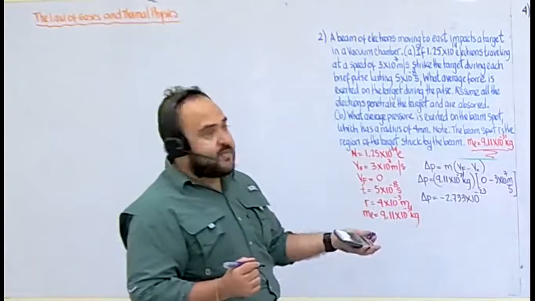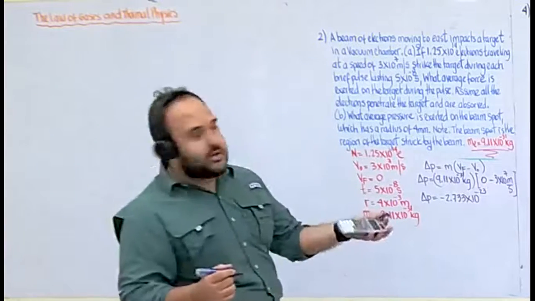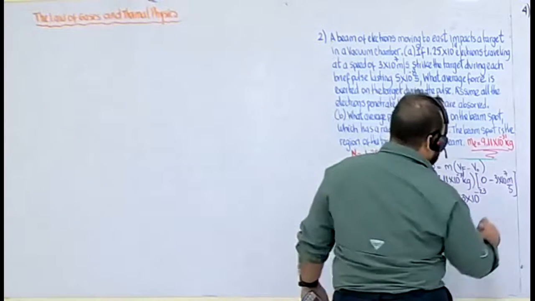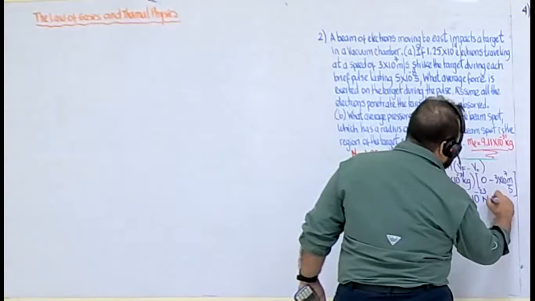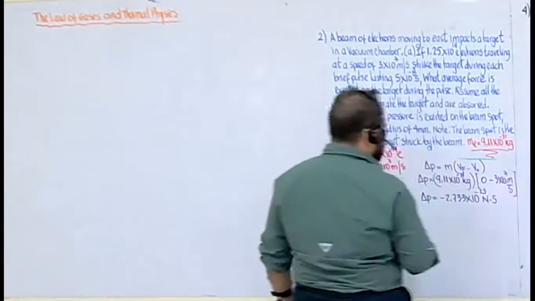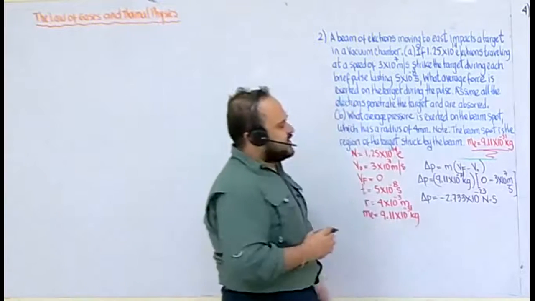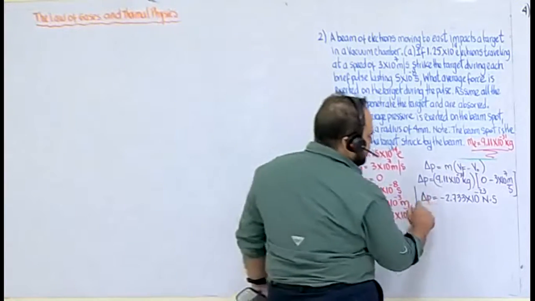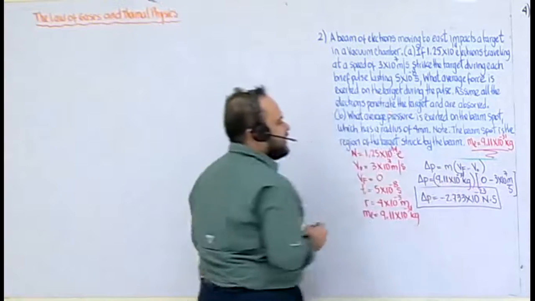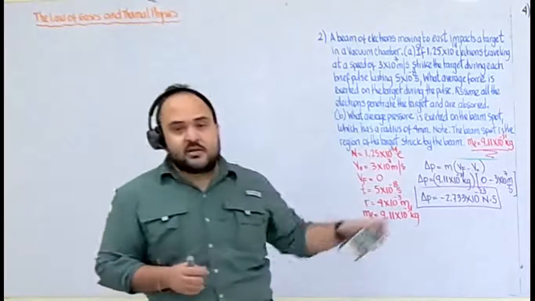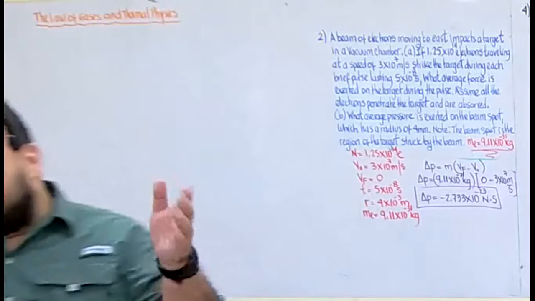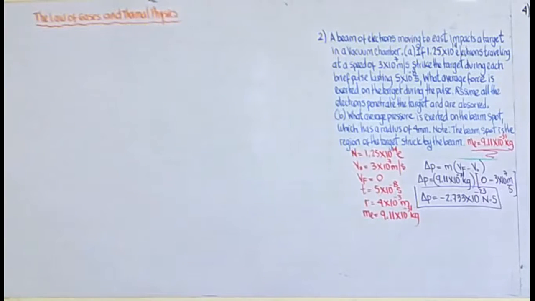In this case, remember, the units are newton seconds. All right. This could be the change of impulse, but we have a situation. This change of impulse will be useful if and only if we're talking about one singular electron, only one.